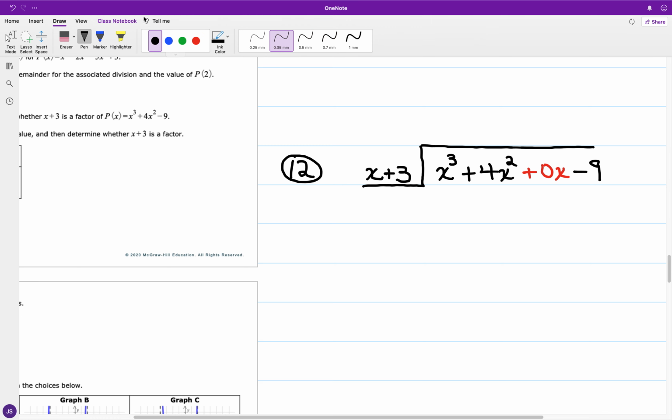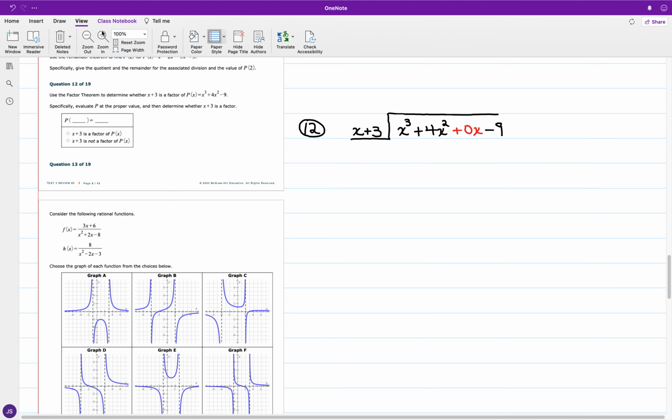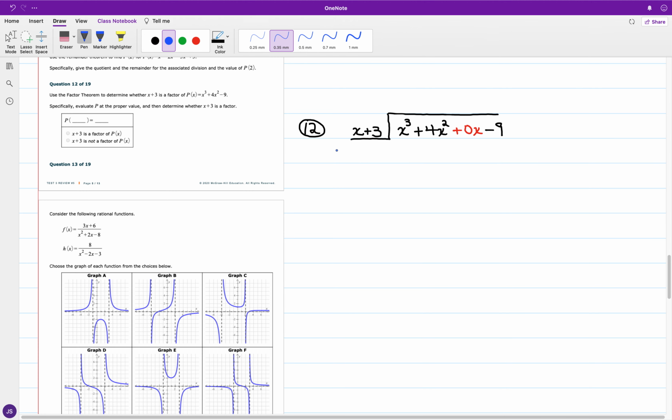Okay, and just translating what we have in the context of synthetic division, for the divisor x plus 3, we're going to attain the zero of this, for which we're going to have negative 3.